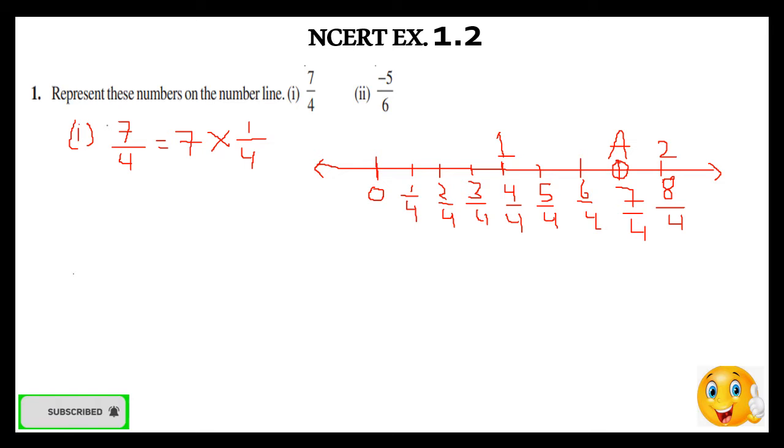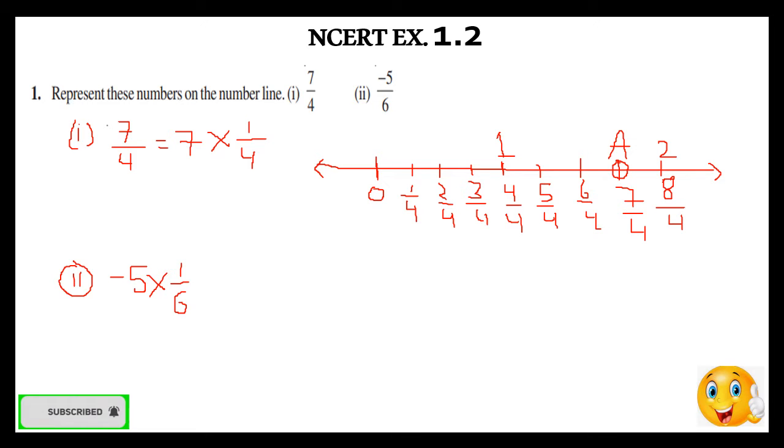Similarly, in the second part here, we have to focus on the denominator, that is 6. So it can be written as minus 5 times 1 upon 6. So the whole 1 unit will get divided in 6 equal parts on the number line. Here 1 unit means a fixed length.